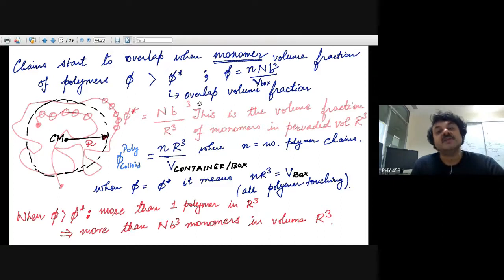The question is: how do you estimate the overlap volume fraction? The overlap volume fraction, phi star, is the number of monomers in a polymer chain, N b cubed, divided by R cubed. What is R?